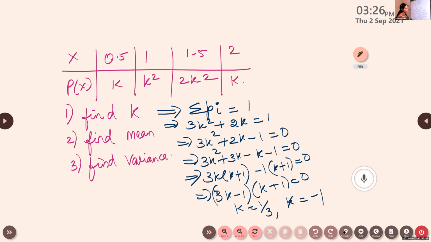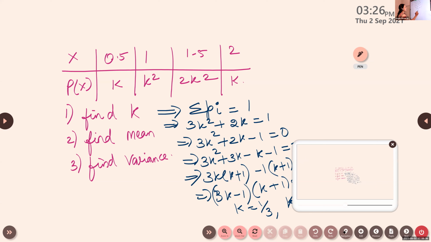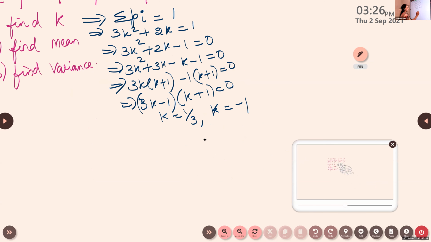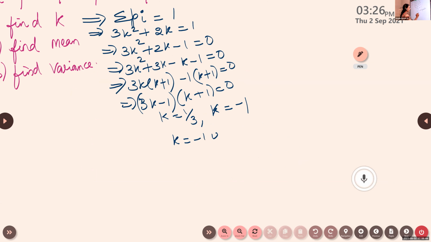So k equal to minus 1 is not possible. Therefore, what is the value of k? The possible value of k is 1 by 3. Is it okay?